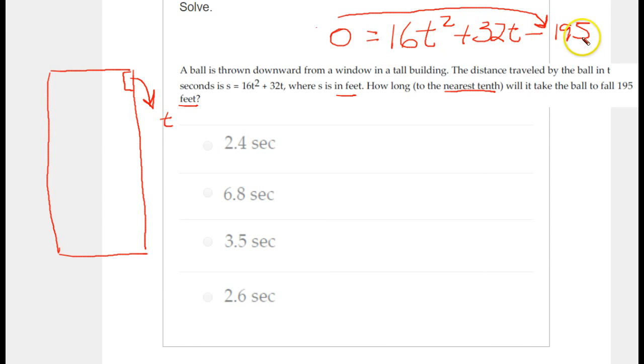So we've put that in standard form. We now identify our A, our B term, and our C term, which includes the negative.